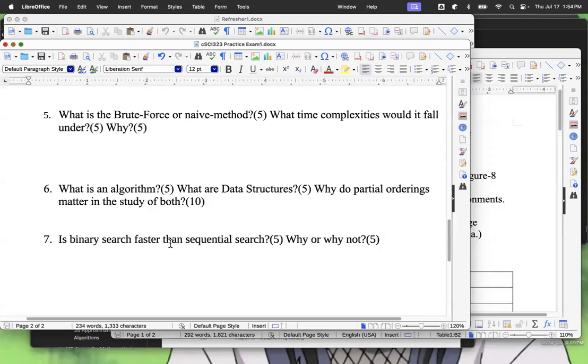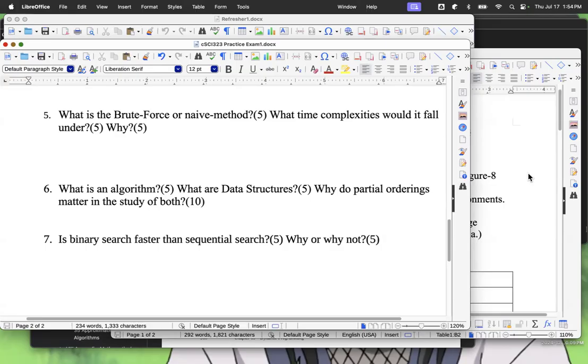Oh, sure. Right. So the brute force method is where you exhaust all possibilities instead of going through a more organized and surgical way to try to get data. I think the time complexity it would fall under would just be O of n because you have to do as many steps as there are pieces of data in the set.